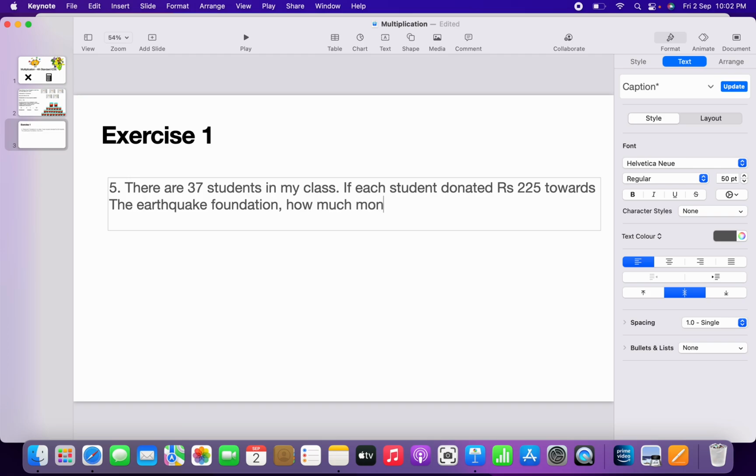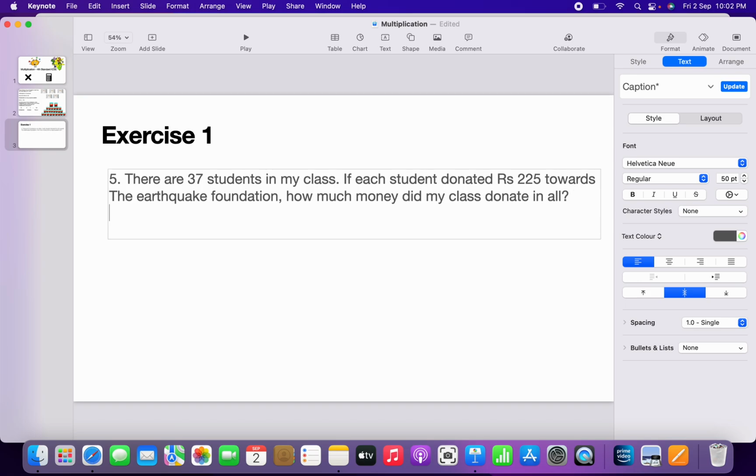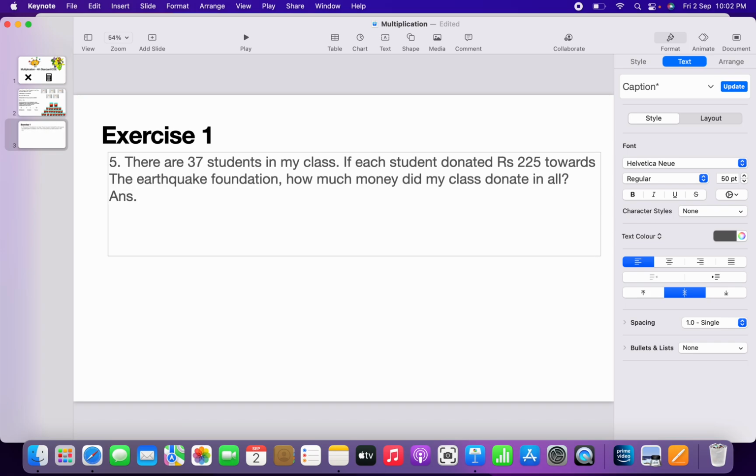How much money did my class donate in all? How much? Answer: number of students in my class is equal to 37.